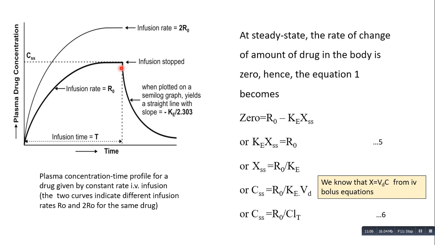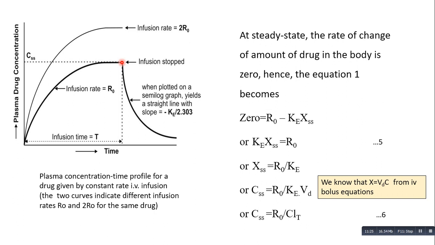In case of IV bolus, the entire amount was given at a time. So now it will eliminate from the body. That means the plasma drug concentration will decline. As it is a Cartesian graph, we are getting this curve.